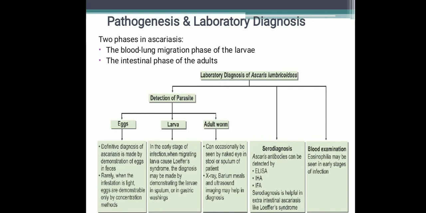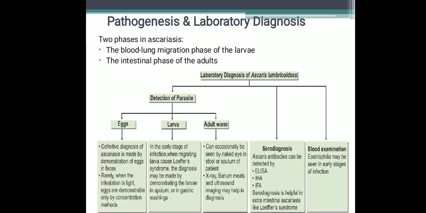Next, the intestinal phase of adults. Here the presence of a few adult worms in the lumen of the small intestine usually produces no symptoms, but may give rise to abdominal pain, and a heavy worm burden can result in malnutrition, especially in small kids.